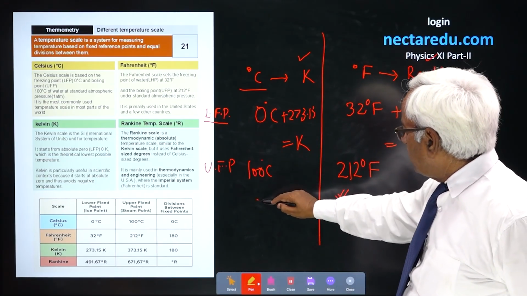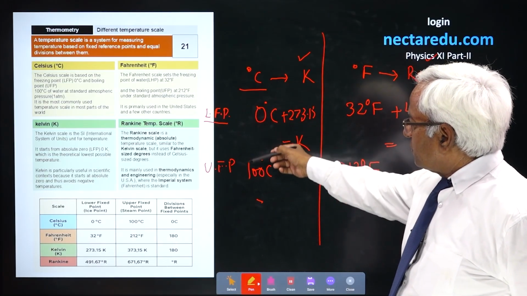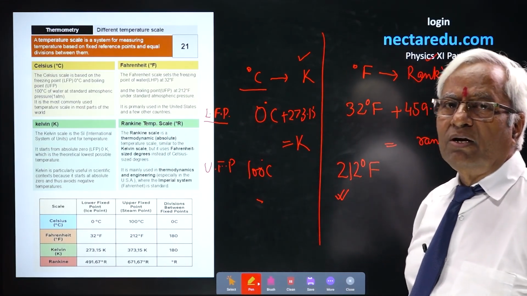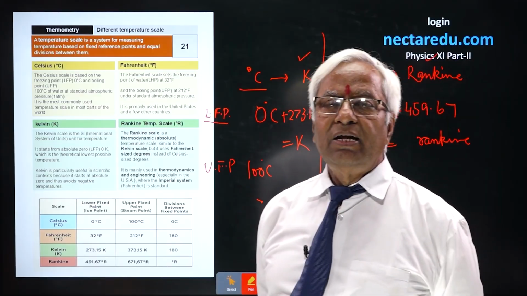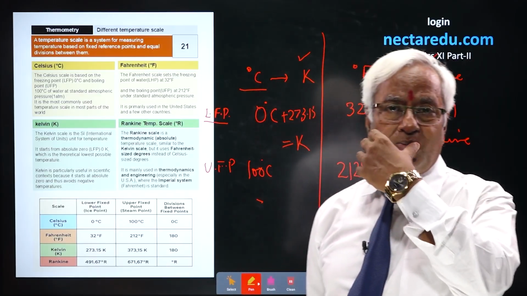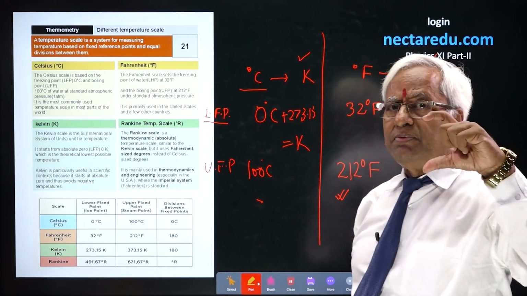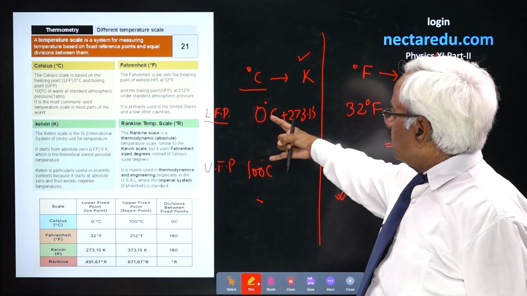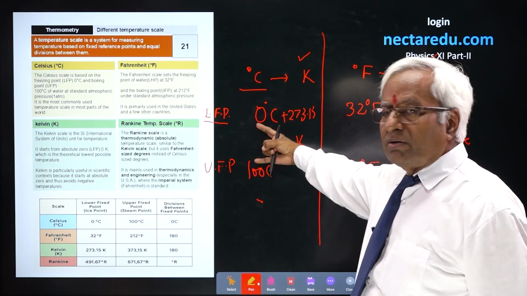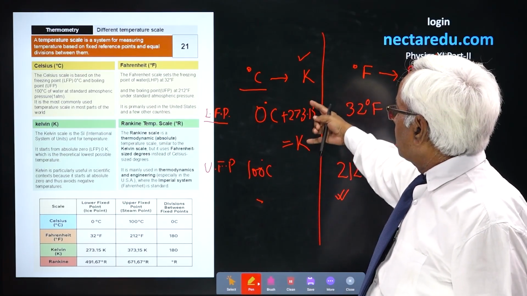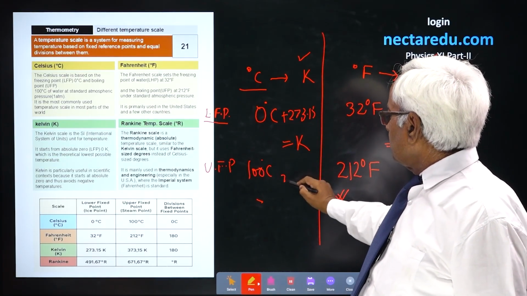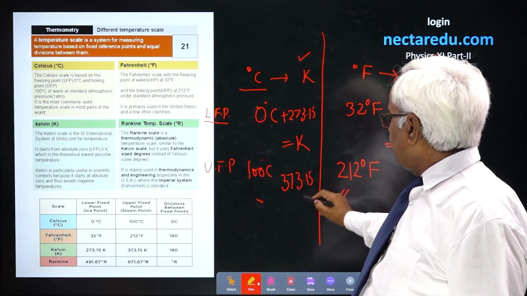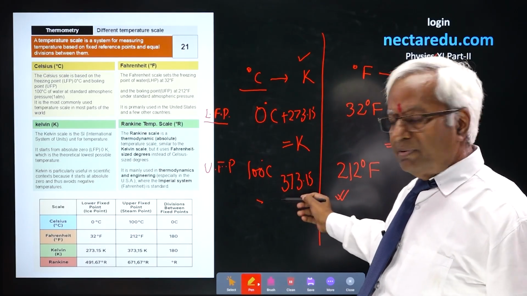The difference between lower fixed point and upper fixed point is 100 divisions on Celsius scale. On Kelvin scale also, remember that the number of divisions will be similar on both the scales. This is a difference of 100 divisions on Celsius and here on Kelvin also, because it's going to be 373.15, the boiling point of water on Kelvin scale.